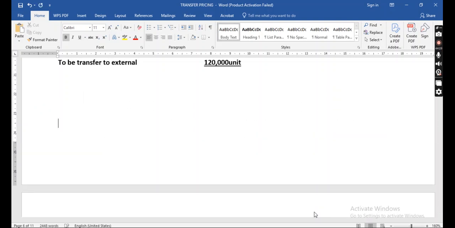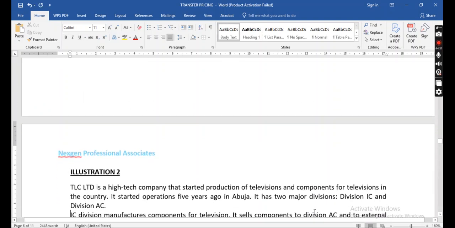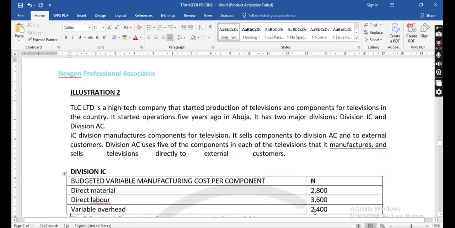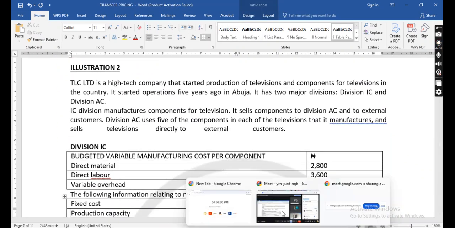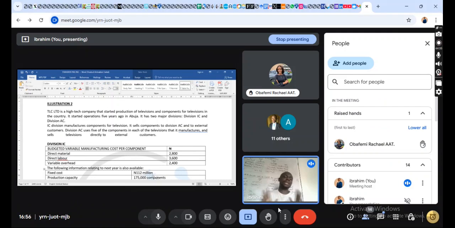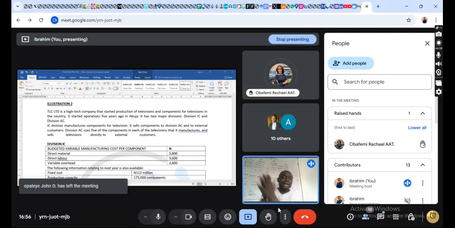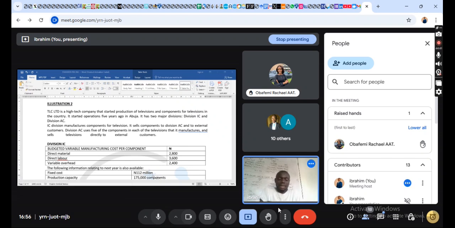This one is based on the price given to us. In some questions, that is why I say we need to solve at least 3 to 4 questions in transfer pricing. In the question that we just finished, they gave us the price at which you will transfer internally.